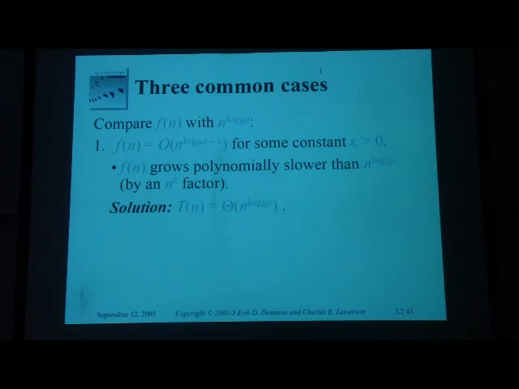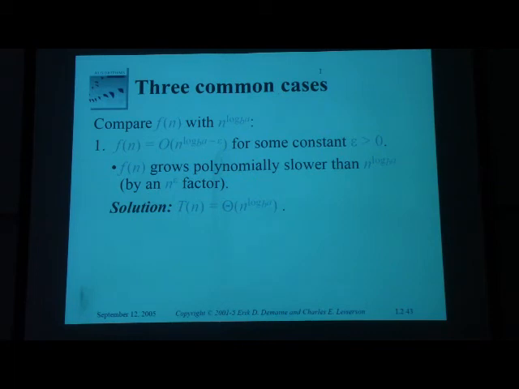Number of branches, number of leaf nodes. And each of the leaf nodes is doing how much work? Unity. Therefore, if n to the log b of a equals a to the log b of n, that means that is how much work is being done on the bottom level.